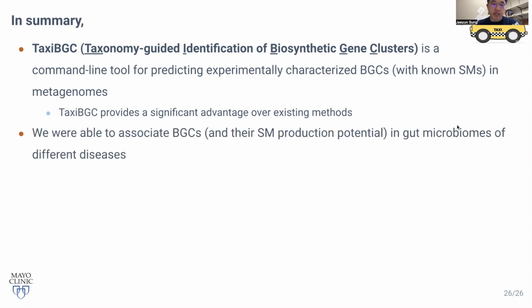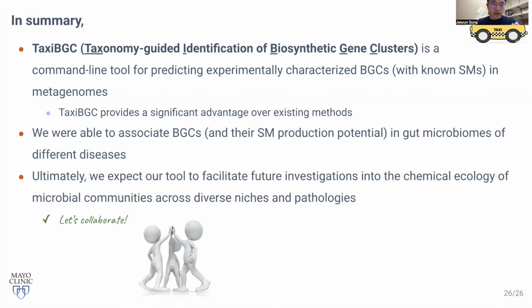We were able to associate BGCs and their SMs with different human body sites and with multiple GI diseases. And this perhaps provides a potential starting point for discovering disease biomarkers or even therapeutic agents from the gut microbiome. And ultimately, we expect our tool to help future studies into the chemical ecology of diverse microbiomes.